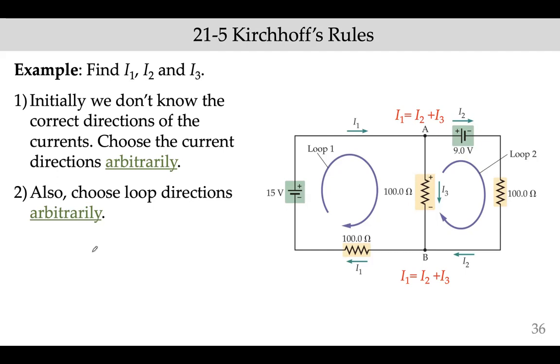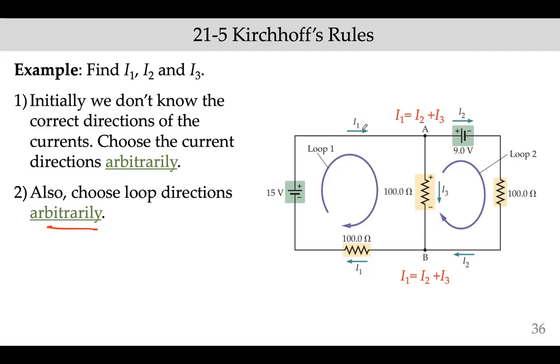Before you actually find those numbers, it's not easy to tell which direction they will be, but that's okay. You can just choose arbitrarily some directions and also choose some loop directions arbitrarily again. So clockwise or counterclockwise, doesn't matter. And start doing your calculations.